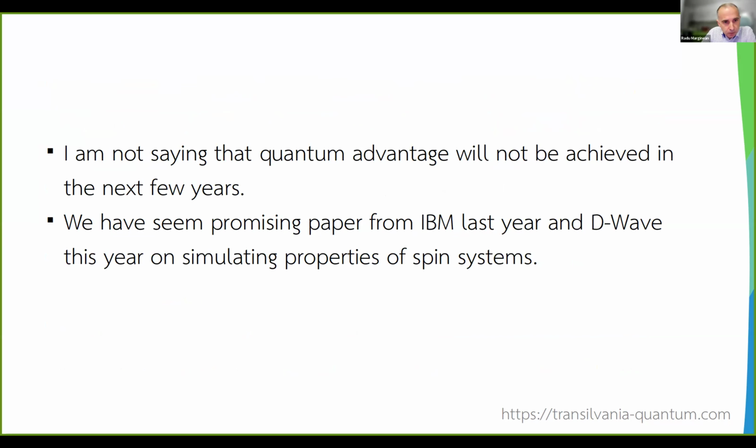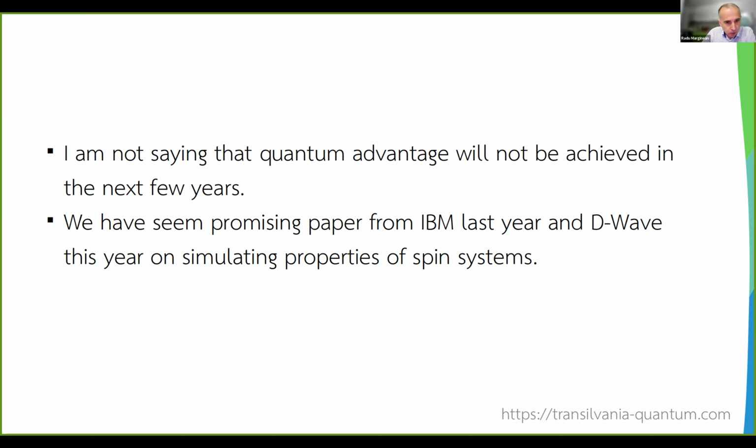Now, I'm not saying that quantum advantage will not be achieved in the next few years. I mean, we've seen a promising paper from IBM last year and from D-Wave this year on simulating properties of spin systems. And if you talk with some people from IBM, they will tell you that in perhaps 2026, they will achieve quantum advantage on a problem of practical interest.